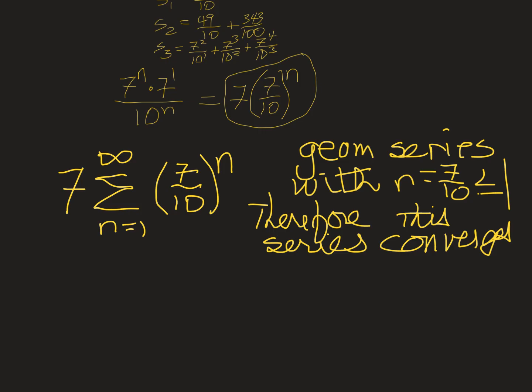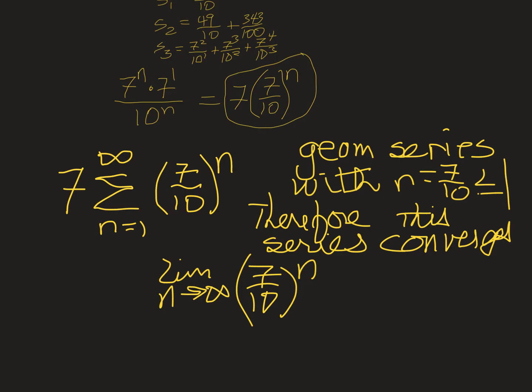So we know that essentially we want to take the limit as n goes to infinity of (7/10) to the n. We want to take the limit of partial sums.